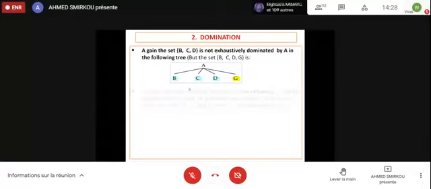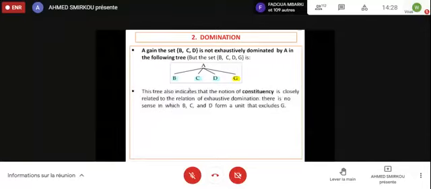So this tree also indicates that the notion of constituency is closely related to the relation of exhaustive domination. There is no sense in which B, C, D form a unit that excludes G. Exhaustive domination and constituency go hand in hand. How?